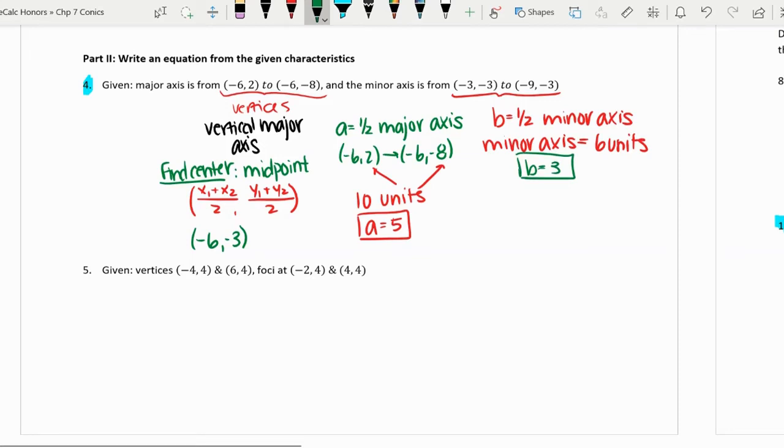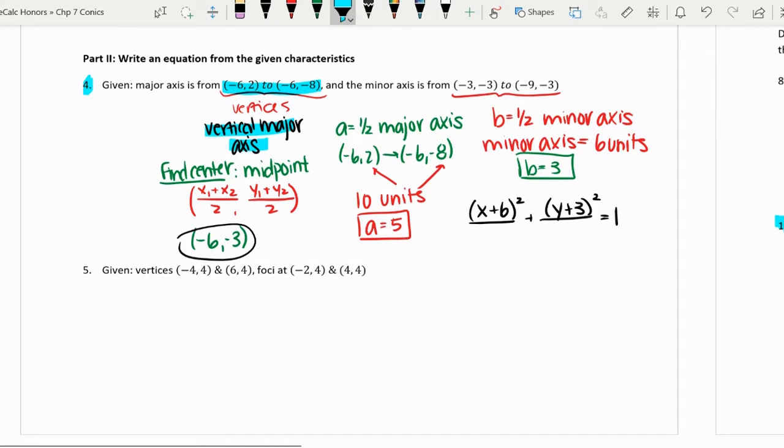So I have everything I need for my standard form. We have our center, so I'm going to put that in: x plus 6 squared, y plus 3 squared. And don't forget earlier we said that the major axis is vertical because those two vertices that they gave us, (-6, 2) and (-6, 8), were up and down, above each other.